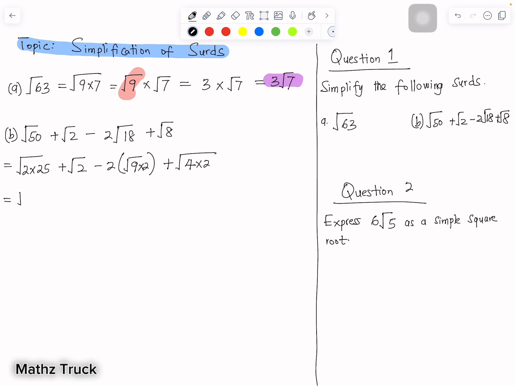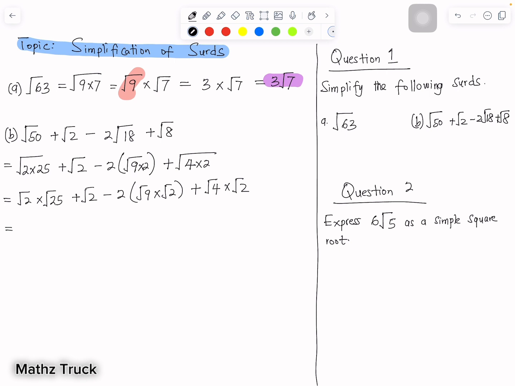You write root 2 times root 25, plus root 2 minus 2 into bracket root 9 times root 2, bracket closed, plus root 4 times root 2.